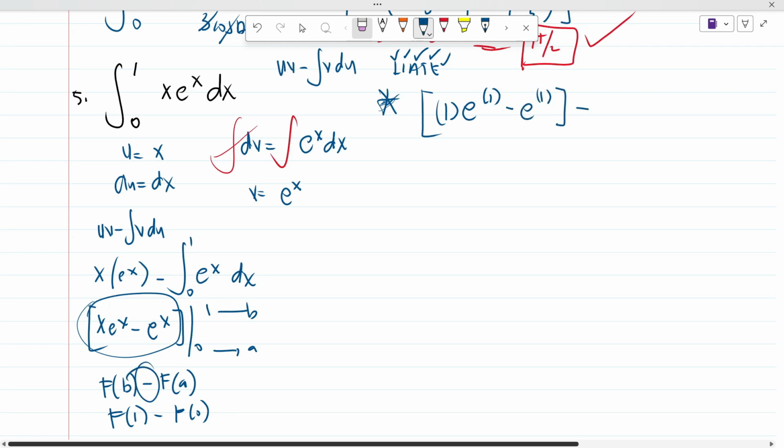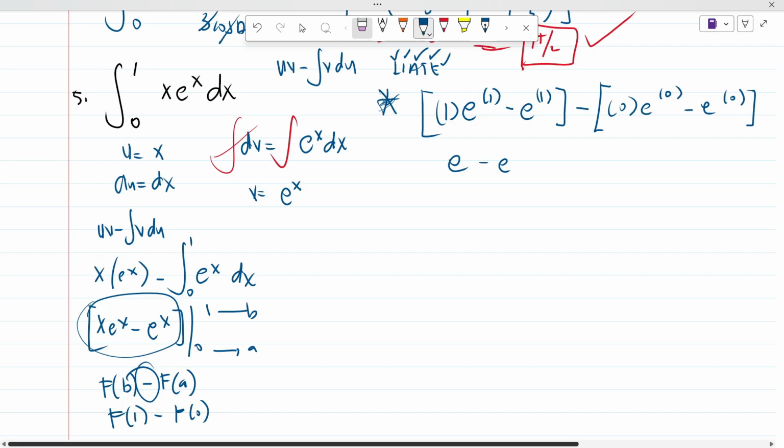Minus, eto yun, minus. Lahat ng x, palitan ng 0. Yan, guys, gets? So, this will be also equals to what? e pa rin to. e raised to 1 equals to e pa rin.